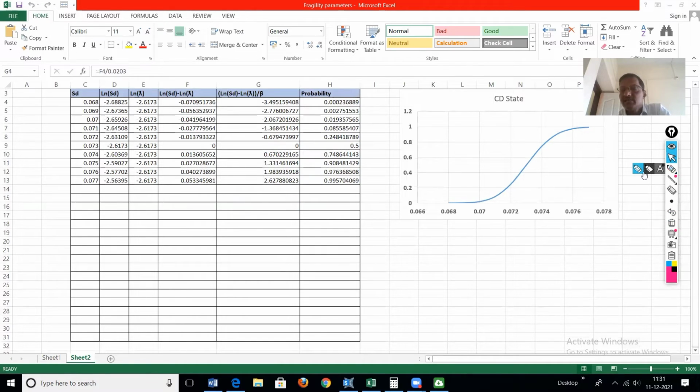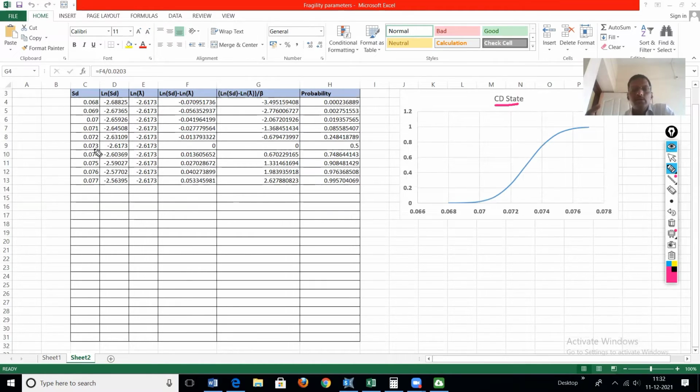Now I will demonstrate the fragility curve for the complete damage state. So here my heading is fragility curve for CD, the complete damage state. Now make the table like this. First is SD, the spectral displacement in meters. Now you decide the range of the values.